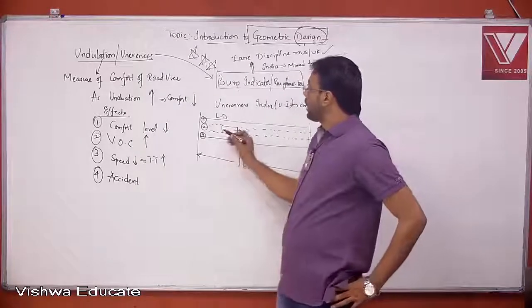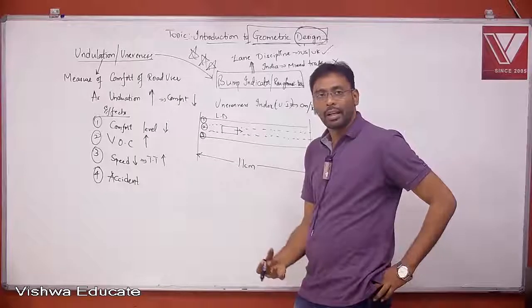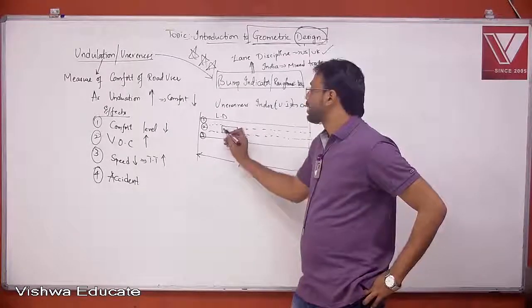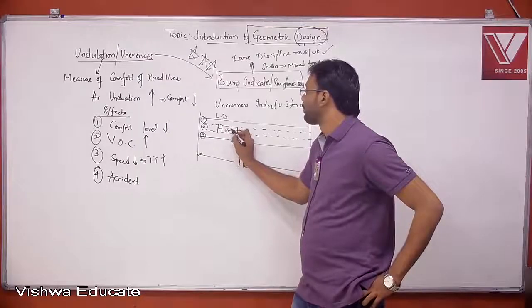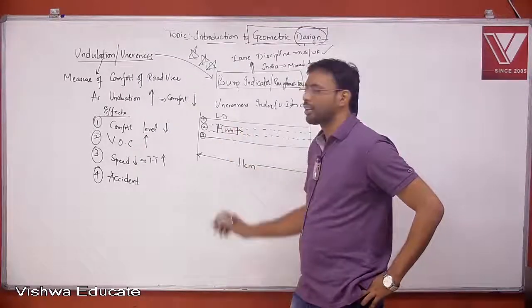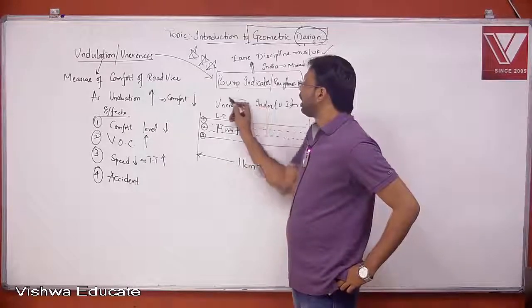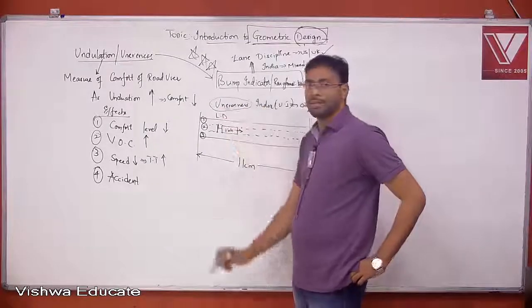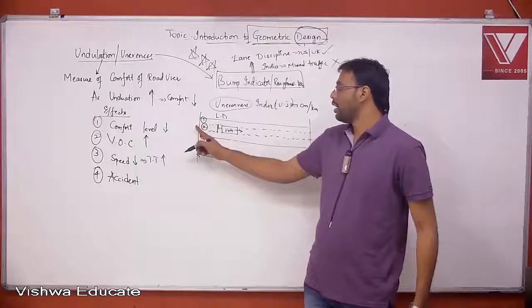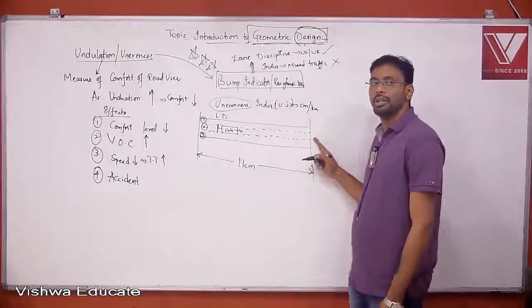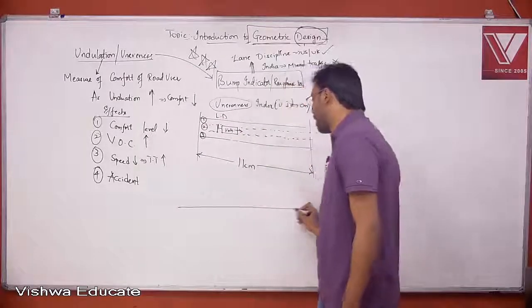So I take my car and attach a bump indicator to my vehicle. That is a very simple device which will measure the unevenness in this 1 kilometer span. I'll be starting my car here and ending my journey here, and this bump indicator will measure the unevenness.